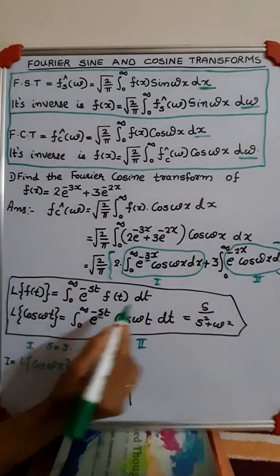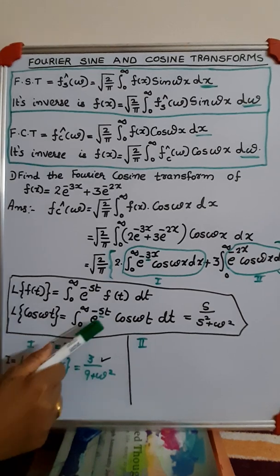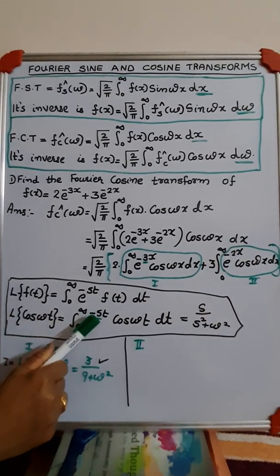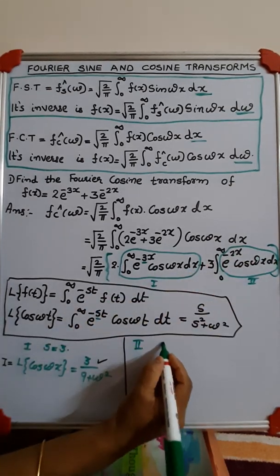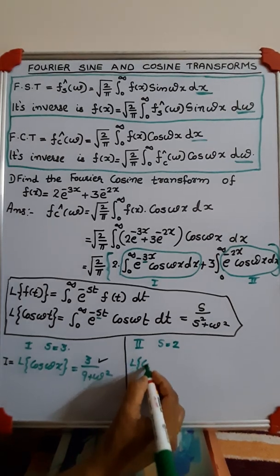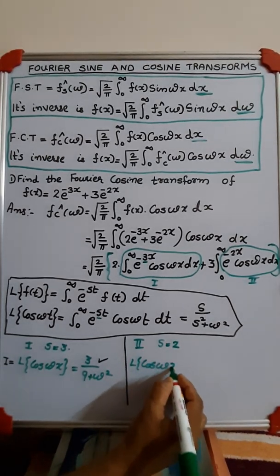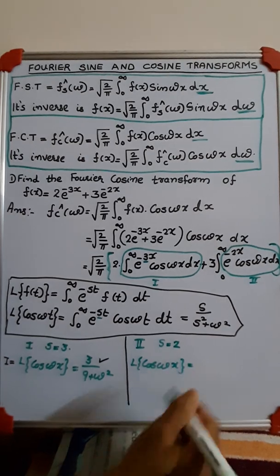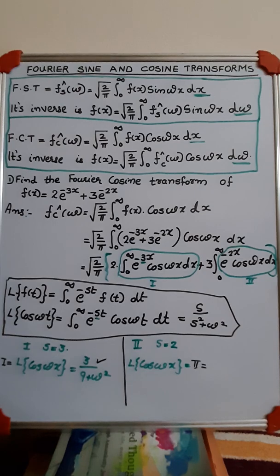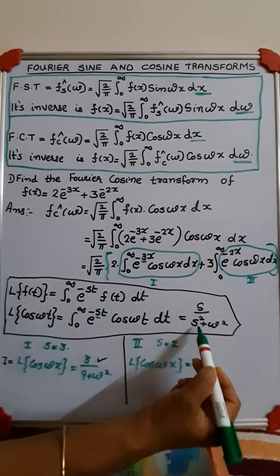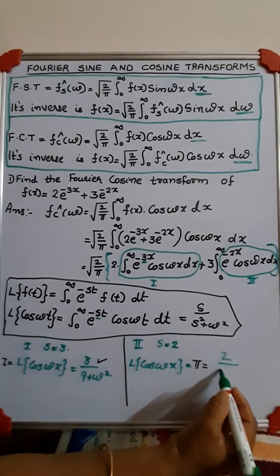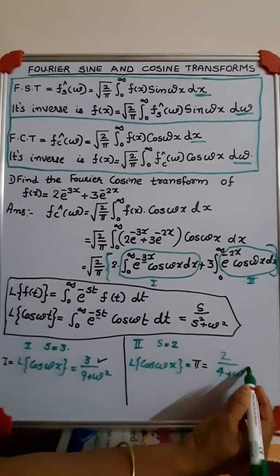Similarly, for the second case, what is s? This is e raised to minus 2x. Instead of t, the function is x. So instead of s, the value is s equal to 2. So we can write the Laplace transform of cos omega x again, and the second integral is s divided by s square plus omega square, with s equal to 2, that is 2 divided by 4 plus omega square.